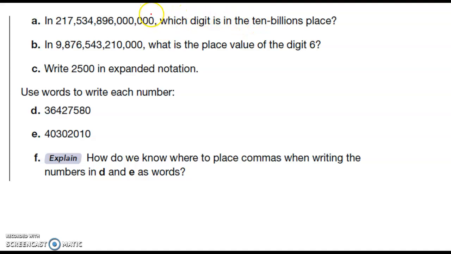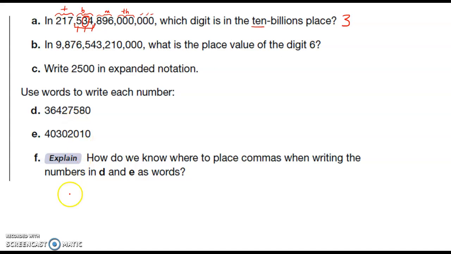So I know that this is ones, tens, hundreds. This is all thousands. This is millions. This is billions. And this is trillions. So I'm looking for a number in the billions set, the 10 billions. So this is billion, 10 billion, 100 billion. So the number in the 10 billions place is 3.